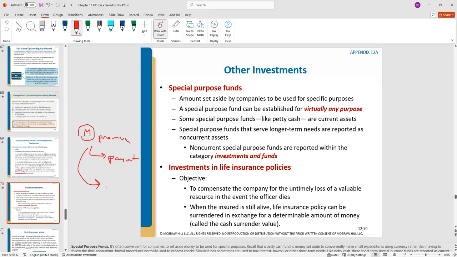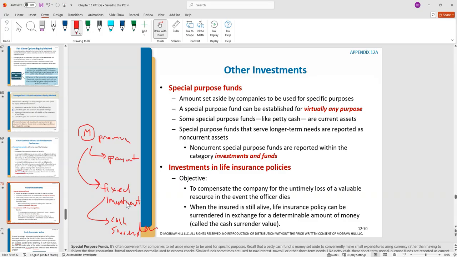And some of this actually goes into a fixed investment known as the cash surrender value. So you could always, for example, surrender this policy and get this money out from it.